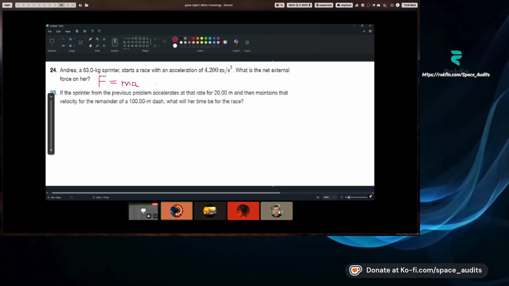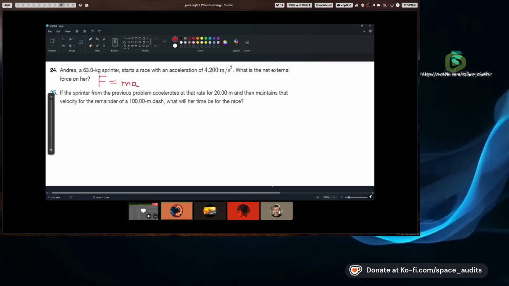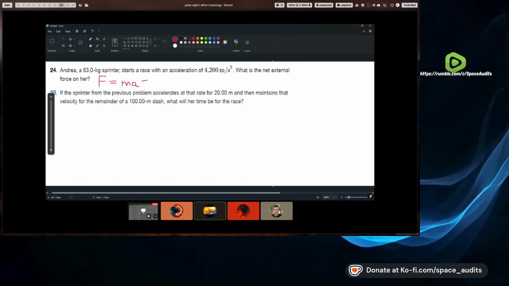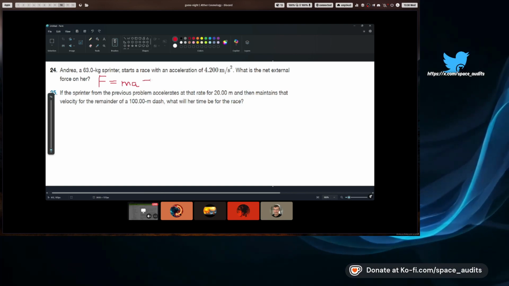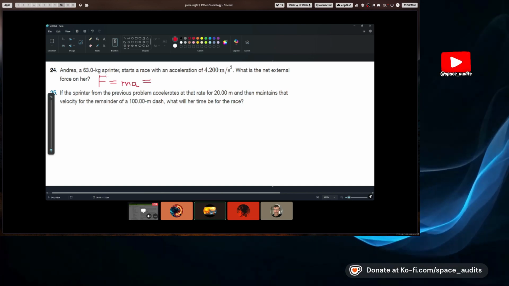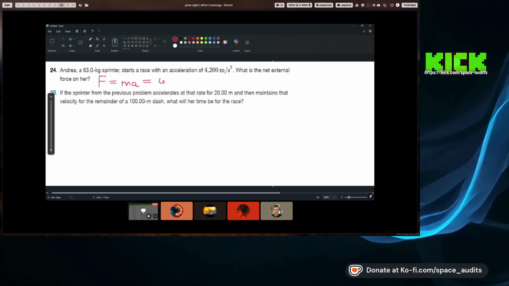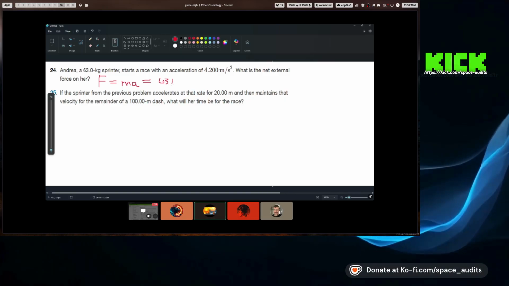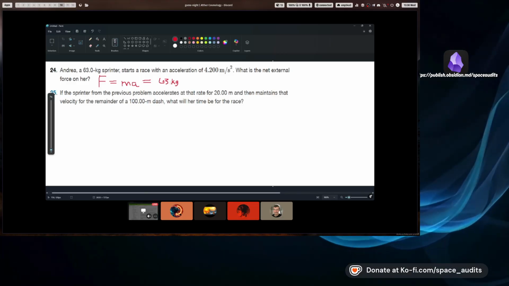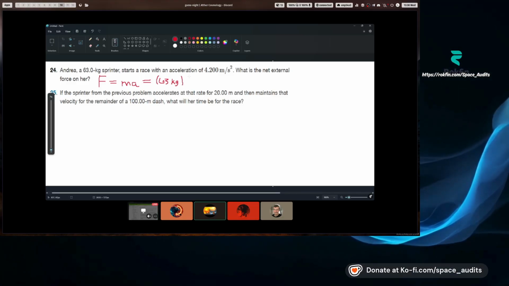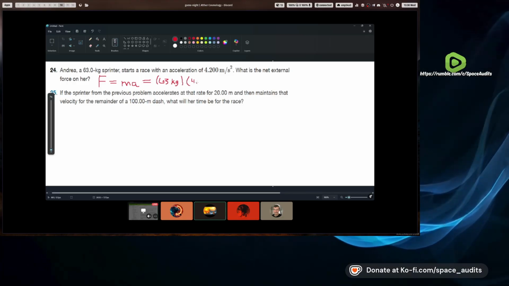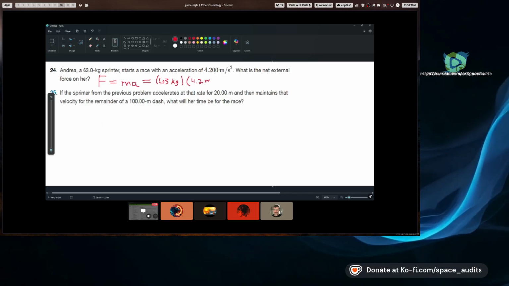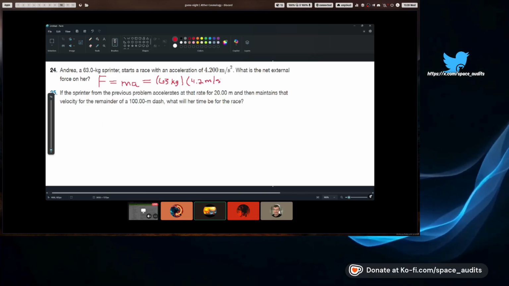Well, you take the mass of the sprinter times the acceleration. That is super easy. So it's going to be 63 kilograms times 4.2 meters per second squared.